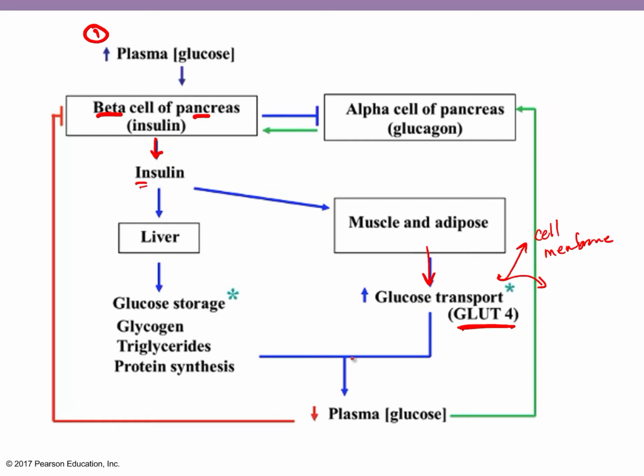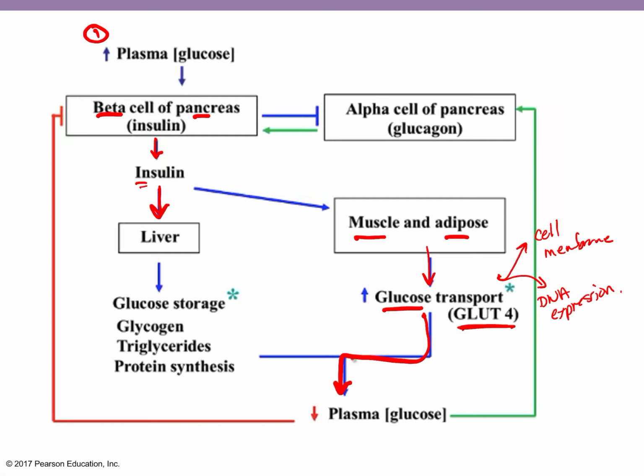Or we talked about how we can just get DNA expression to make more glucose transporters from scratch. So in muscle and adipose, it's going to promote that glucose transport, and the glucose is going to go into the muscle cells and into the fat cells. So then the overall blood levels of glucose will go down because it's going into the muscle cells and inside the fat cells.